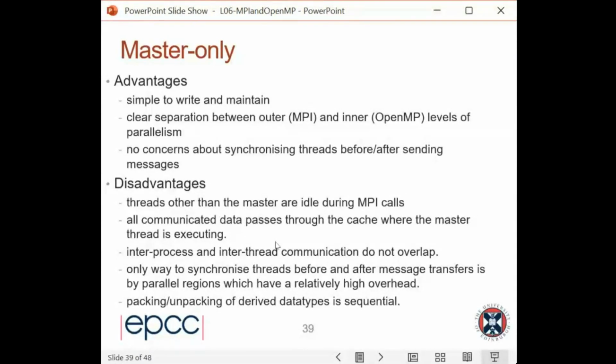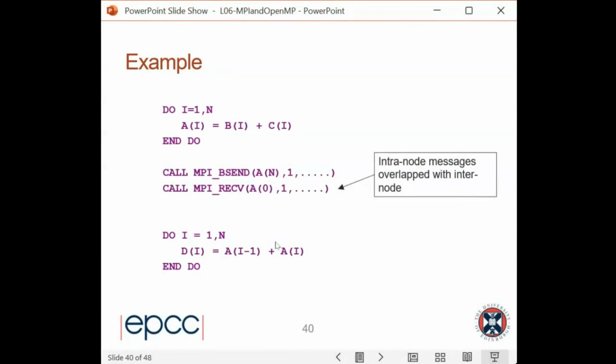That may be something of an overhead to process, to inquire about and understand and interpret the structure of the MPI derived data type. This unpacking stage will be done only on a single thread. It's done sequentially, and that could have some performance implications depending on how much use you make of MPI derived data types.